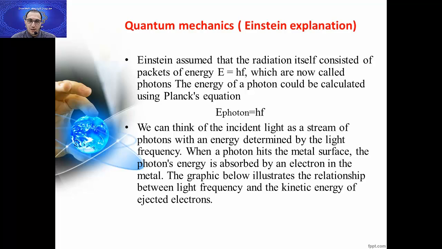Look at this. When the photon is incident on the metal, the electron in the surface of the metal absorbs this photon, because we know that radiation consists of photons. Then what happens? When it absorbs this photon, it ejects.